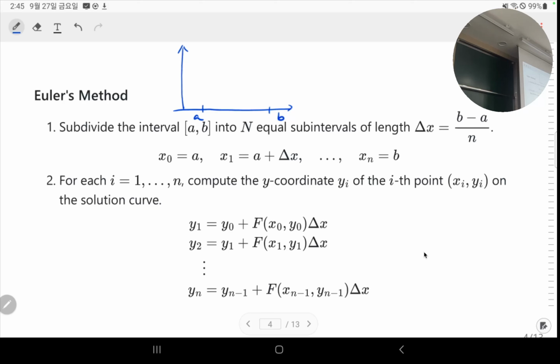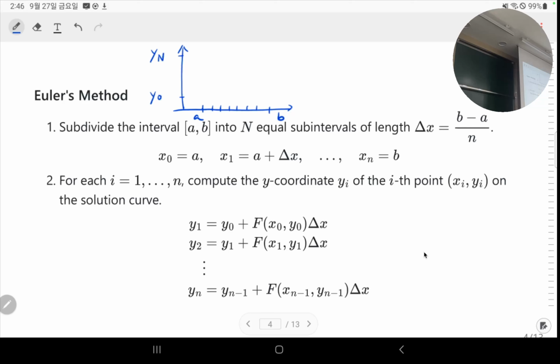So I'm going to split my interval into an array of equally spaced x values, and what I need to know is the value of the function at each point on this lattice, starting from y0 and ending at yn. If I split it into n subintervals, there are n plus 1 data points on the x-axis, and there are going to be n plus 1 data points on the y-axis corresponding to each x.